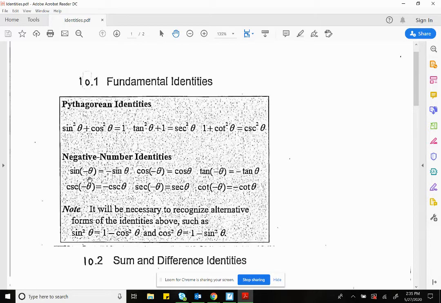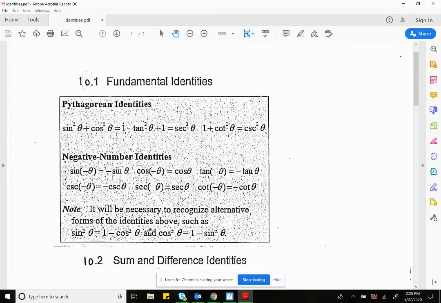Okay. And then here are the signs of all of them. So you can see that cosine and its reciprocal, with the negative angle, you can just worry about the positive angle. And when it comes to sine and its reciprocal and tangent and its reciprocal, the negative angle makes the negative pop out front. Okay.